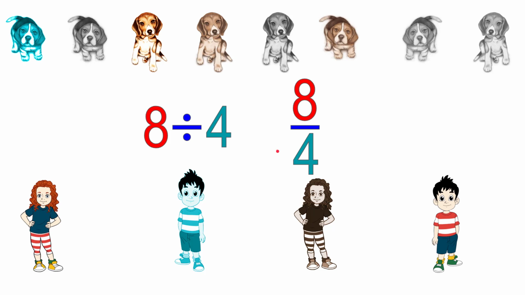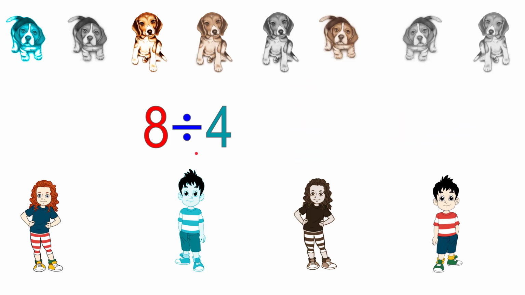And you can also write division with a slash, 8 divided by 4. All 3 are the same. It's just 3 different ways of writing division. We're going to use in this video the most common one, which is the division symbol here.